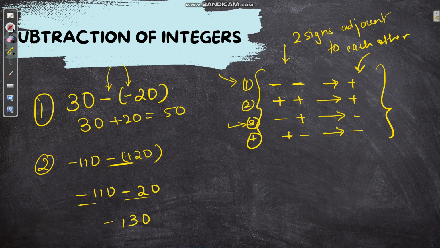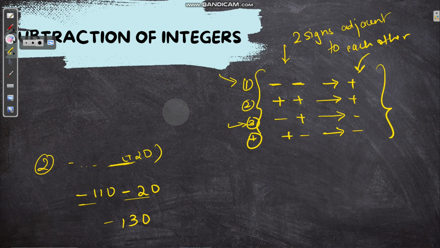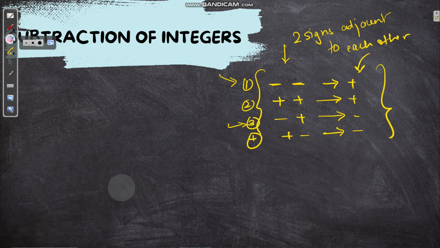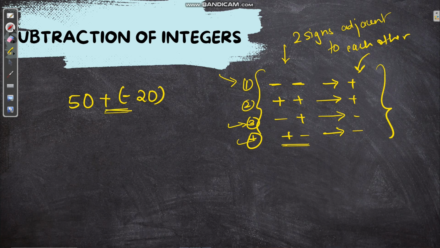Both are negative, so minus. Few more questions. 50 plus of minus 20. Plus and minus is the last scenario, that's case number 4. When you have two adjacent signs, plus and minus, you convert it to minus. 50 minus 20 is simply 30.